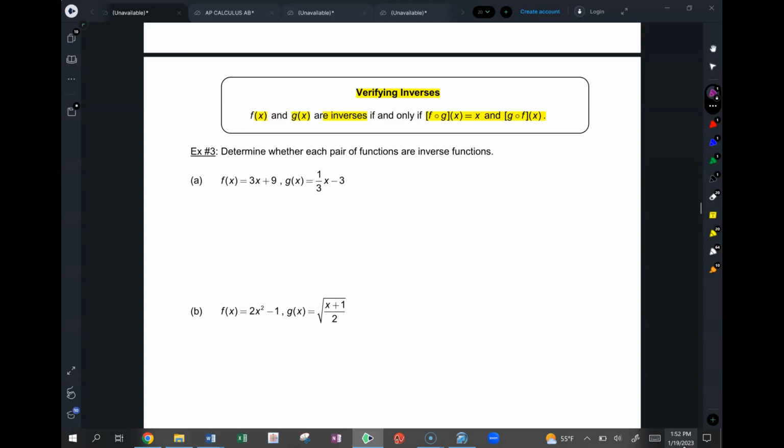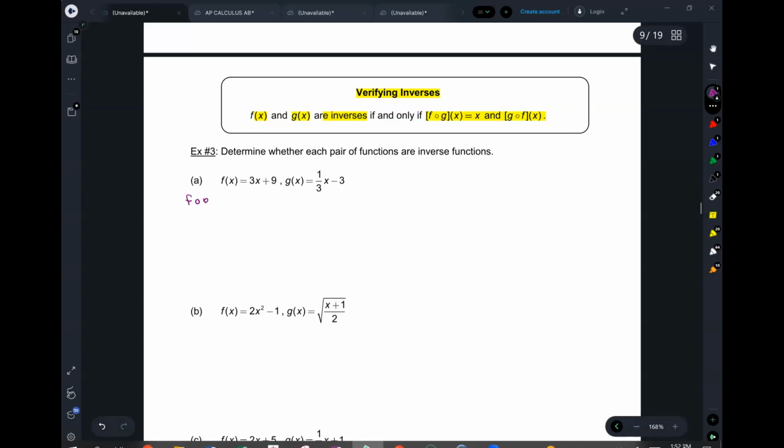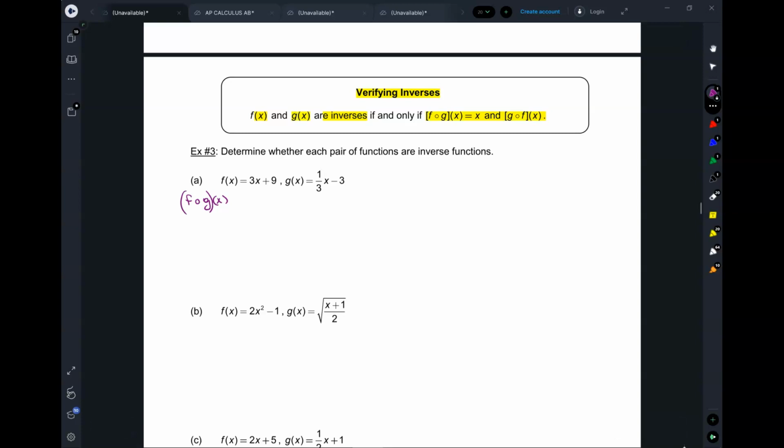So let's do one of them. First I want to find f of g of x. I'm going to use this notation today because as honor students, we want to be equally comfortable with all the notations. What's the outside function in this case? F. So g is going to go inside of f, correct?